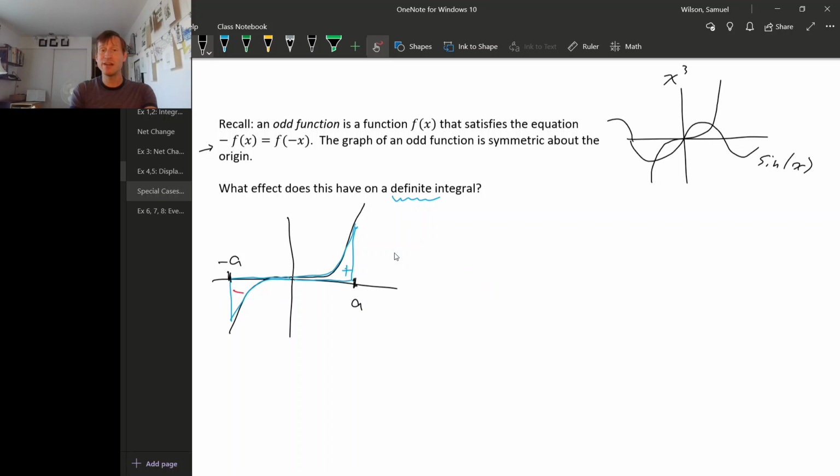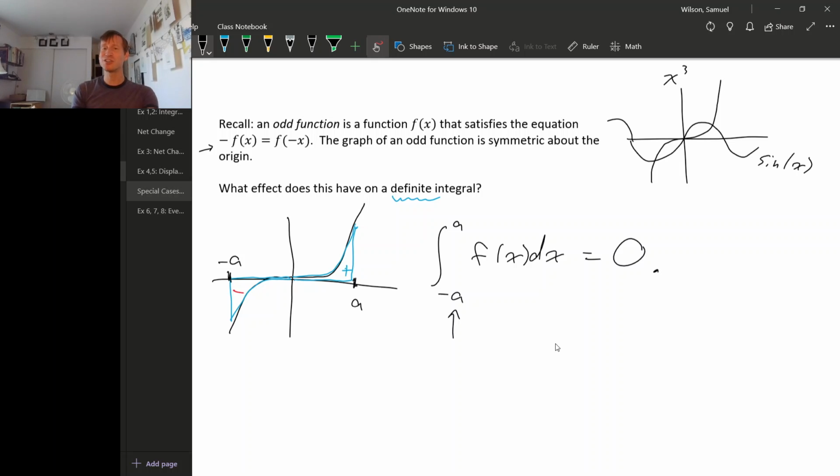The total signed area here is the definite integral from minus a to a of f of x dx. But because of the symmetry, these two regions are going to cancel, so this is going to give us 0. So for an odd function, if you integrate over an interval from minus a number to plus the same number, you always get 0. It could be any odd function, not just this particular one that I've drawn here.